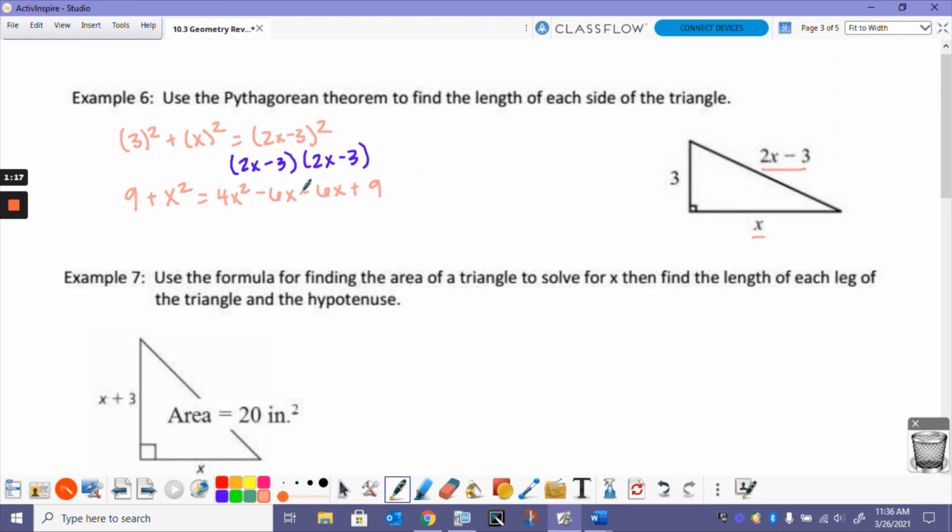All right, so we're going to go ahead and combine our like terms. So negative 6x and negative 6x is negative 12x. The first thing we're going to do is subtract this x squared from each side.